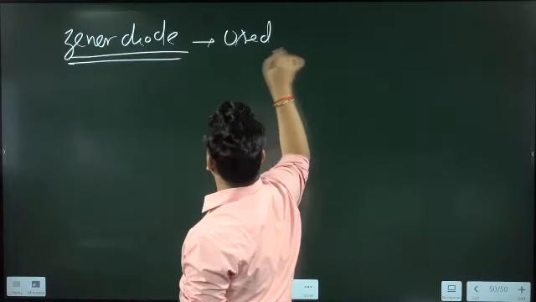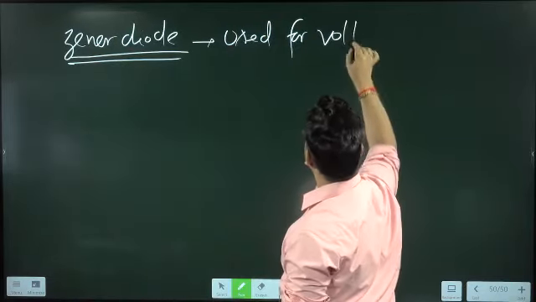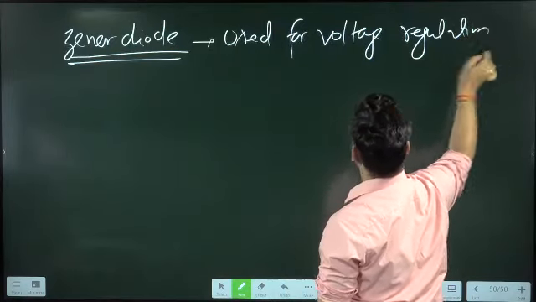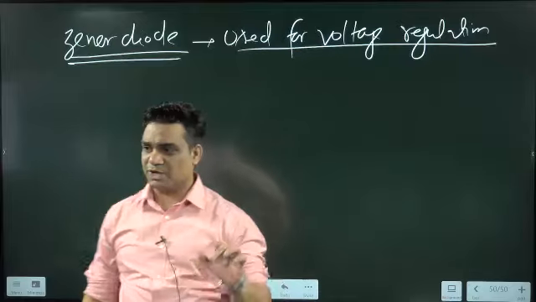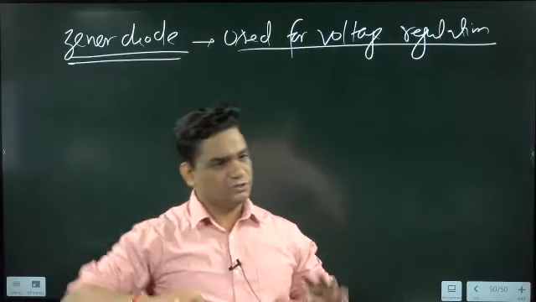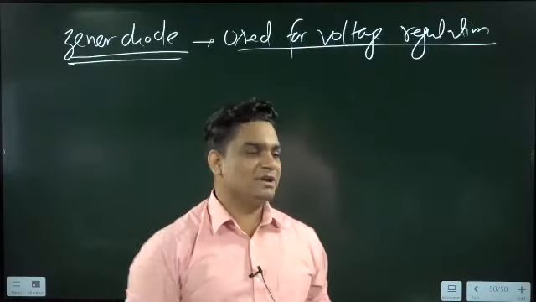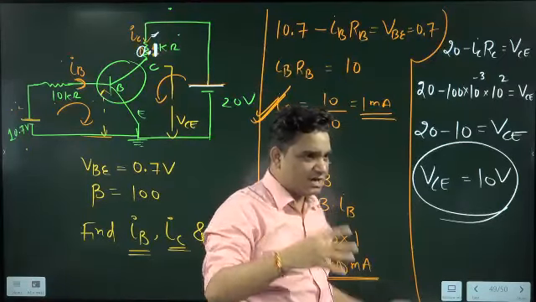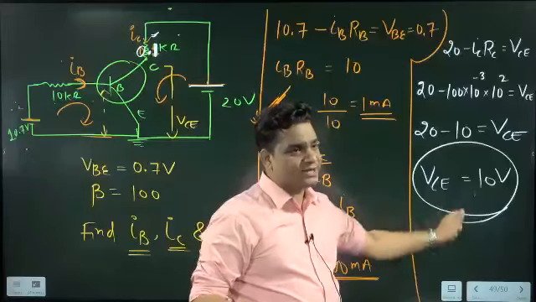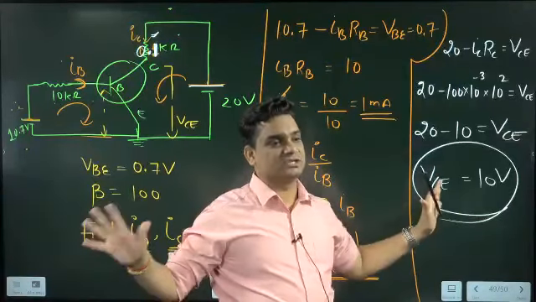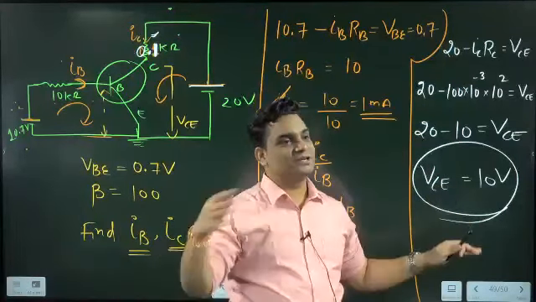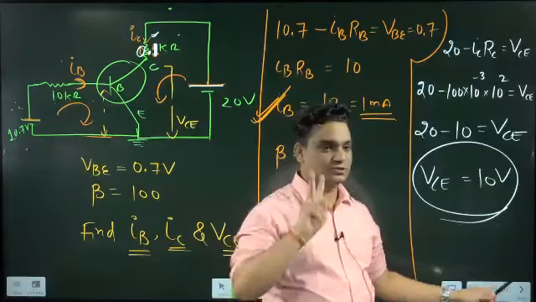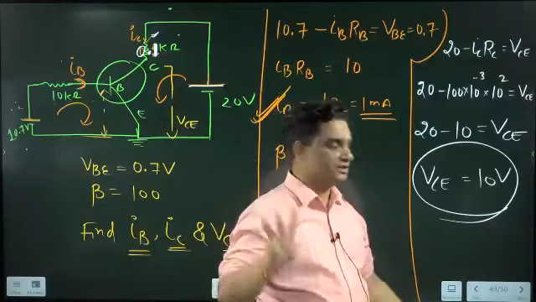Now in the transistor circuit, if you get the time today, solve 2 to 3 questions by yourself, either in the night or any time, then it will be permanent. Otherwise after 2 to 3 days you will forget what was told. So solve 2 to 3 questions on this.